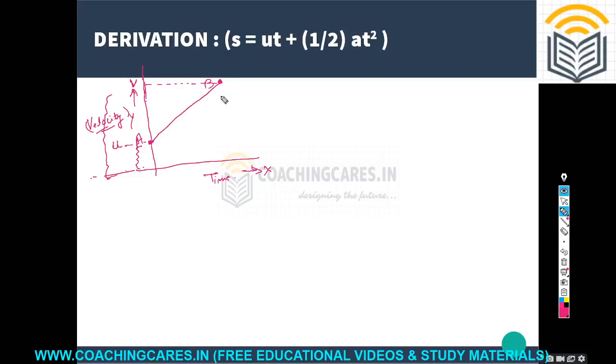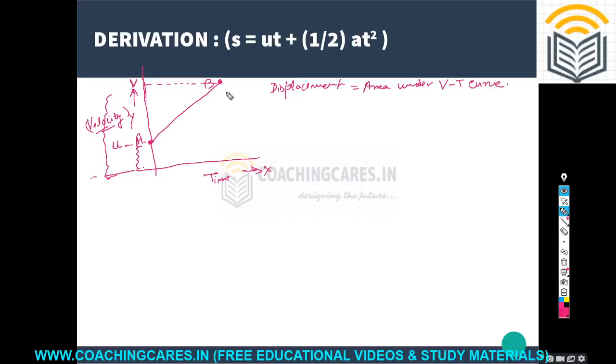At the same time, if we want the distance covered or displacement, it is equal to, as we studied in the previous slides, the area under the VT curve, which you know already.